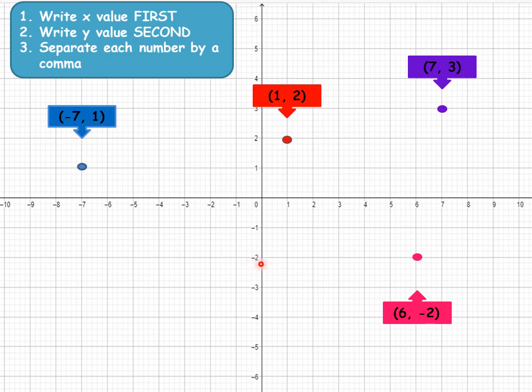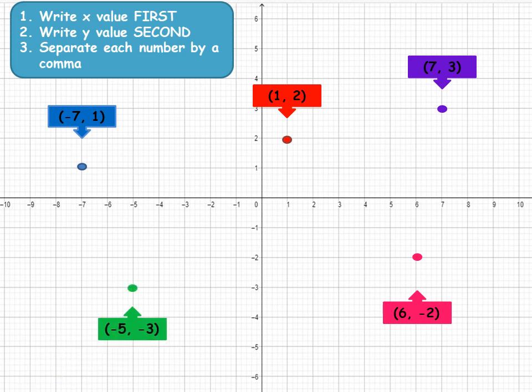So -2 represents the y value. All right. Even though we're coming across and it seems as if we're moving in the direction of the x-axis, this value still sits on the y-axis, and that is why it's called the y value.